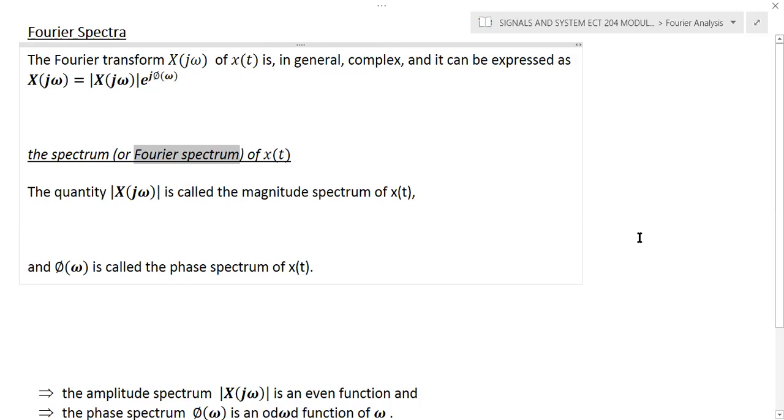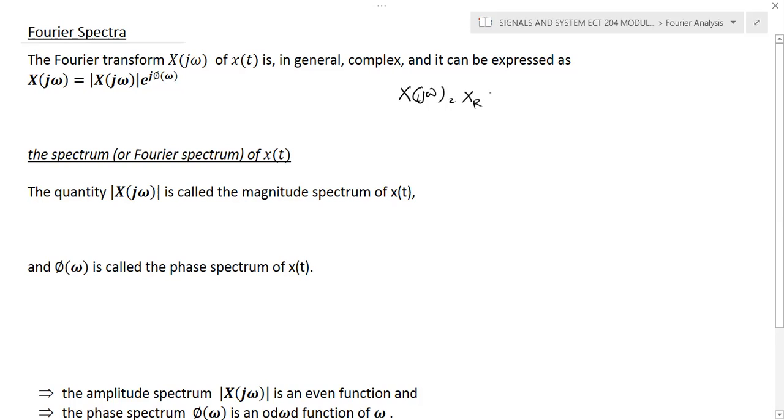Now we'll discuss another concept, that is the Fourier spectrum. If you consider the signal X of j omega, in most cases we'll get the equation as a complex number. So there will be two parts, the real part and the imaginary part.